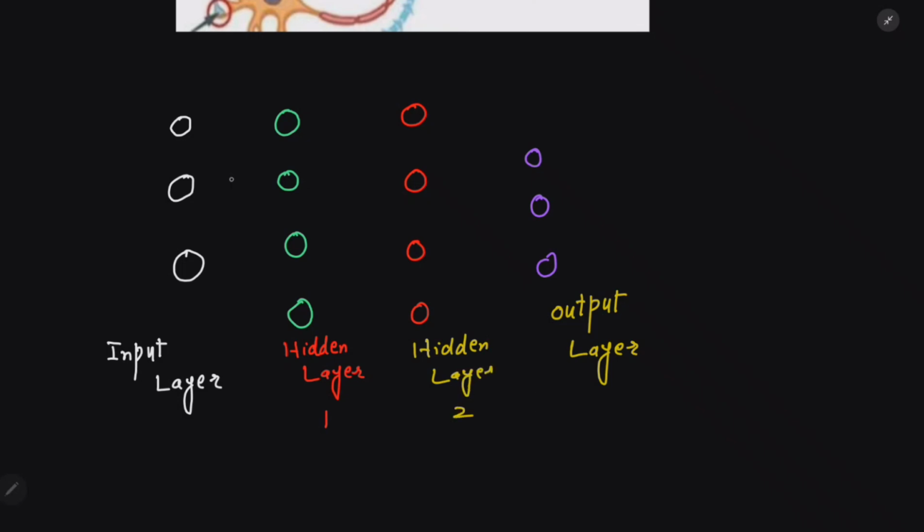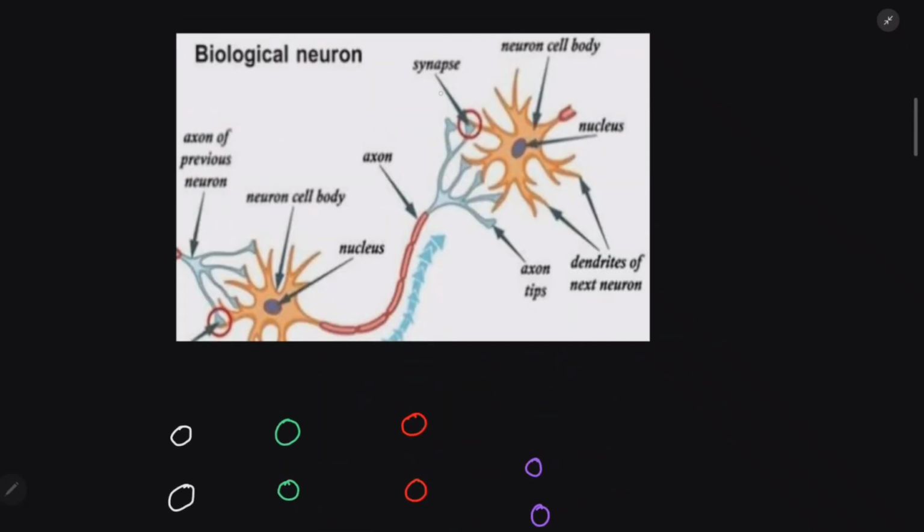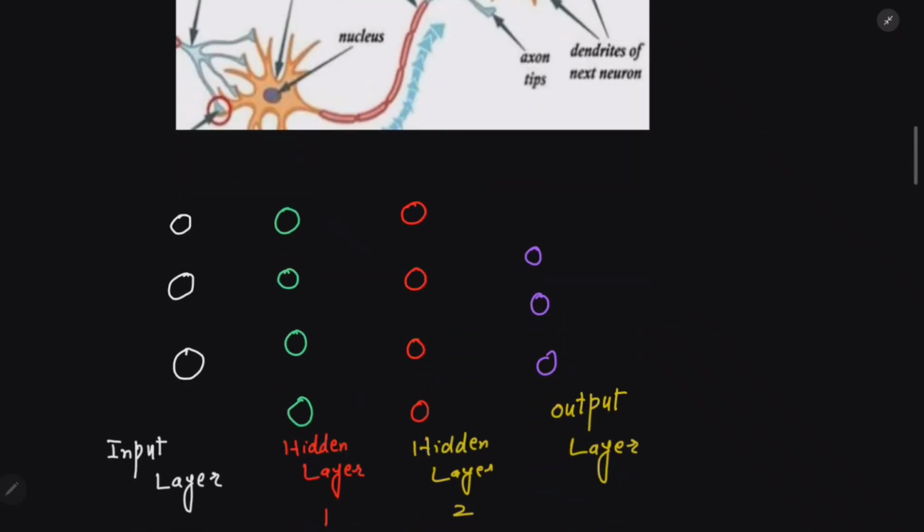And these neurons communicate with each other, similar to biological neurons, by using some synapse. For example, this neuron will communicate with this neuron of hidden layer 1 and so on. This neuron will communicate with all the hidden layer 1 neurons.